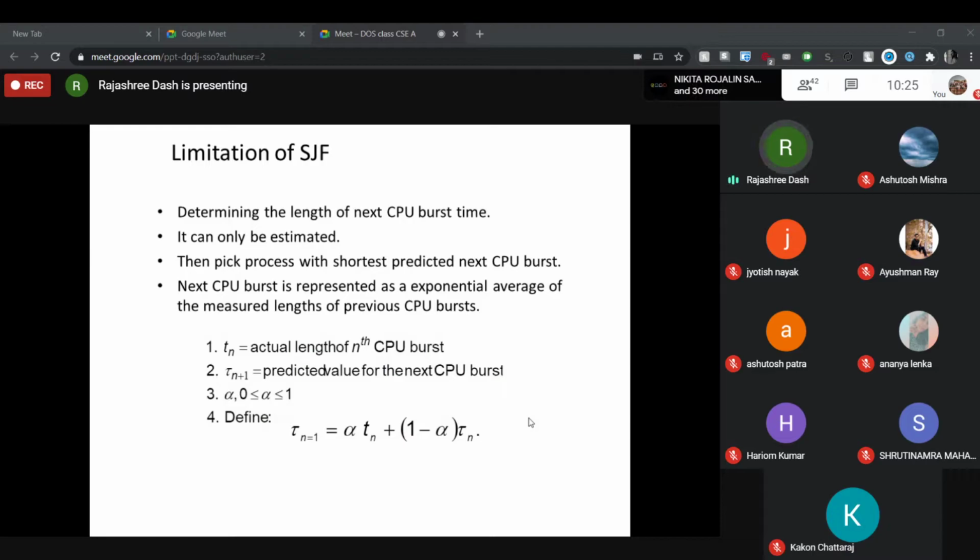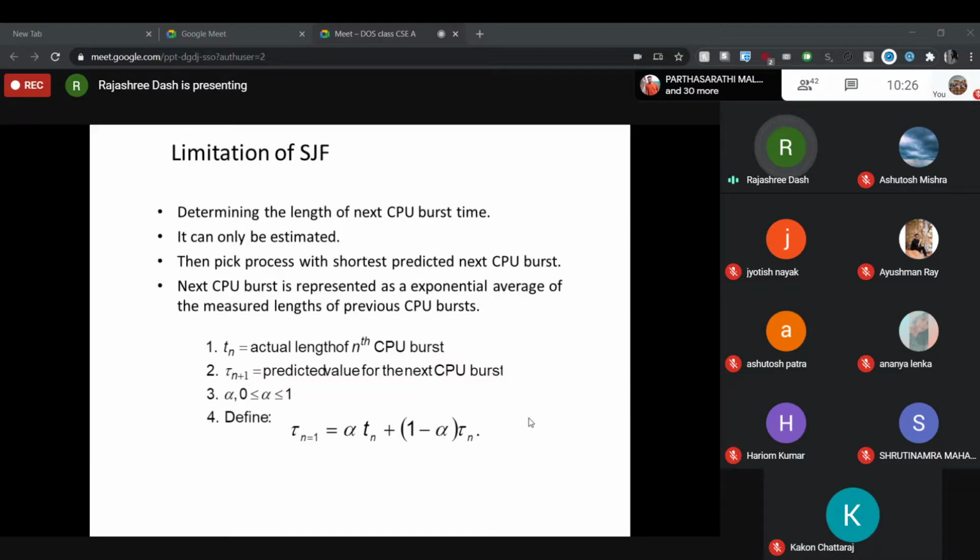So here the value is normally estimated. The exact value cannot be known, so it is estimated. And then the processes are selected with the shortest predicted next CPU burst value.